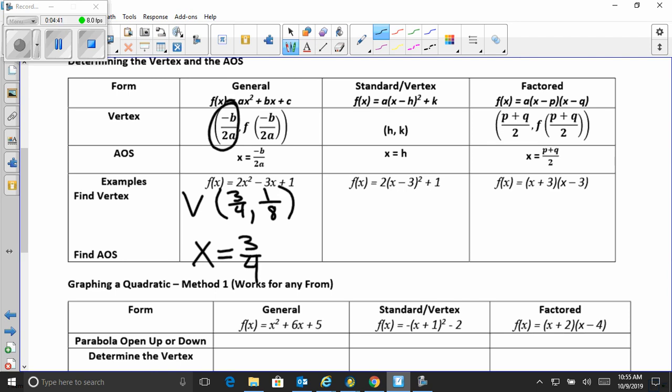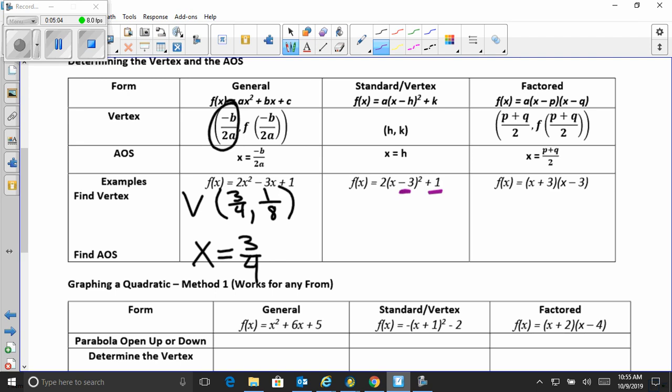Now looking at vertex form, that's the easier one. If it's in vertex form, I can just look at the equation and see what my vertex is. That's the nice thing about vertex or standard form, because it is just this value here that's telling you your horizontal movement and your vertical movement, how the vertex has been affected.